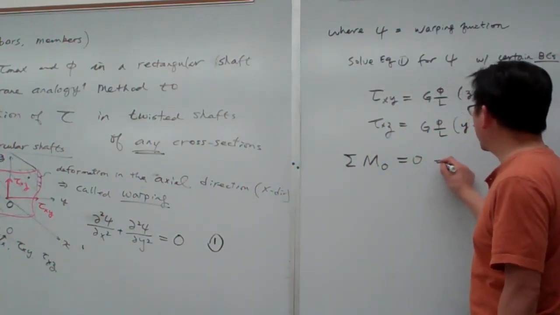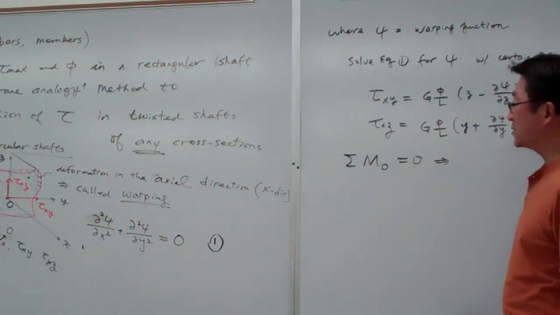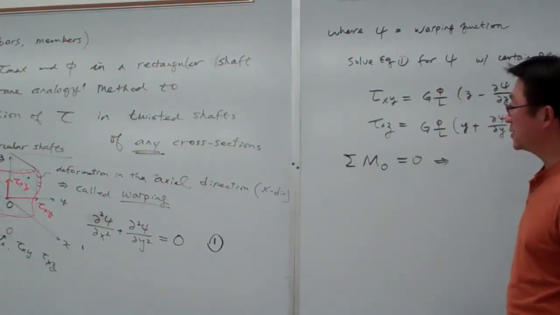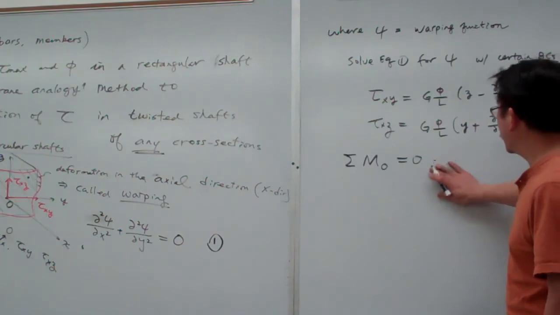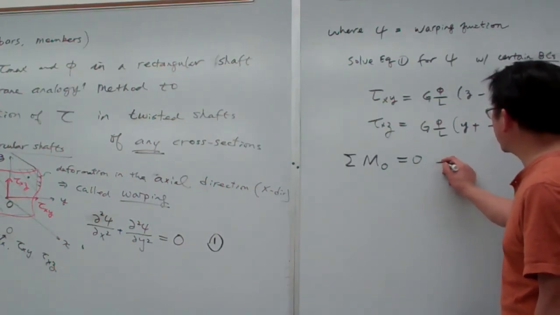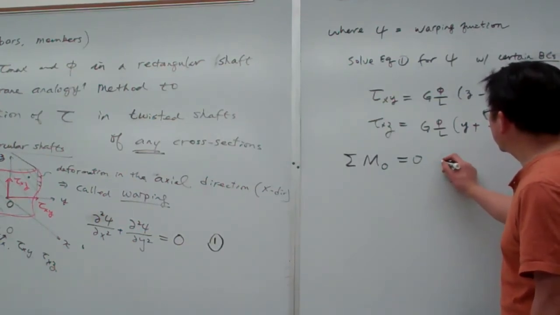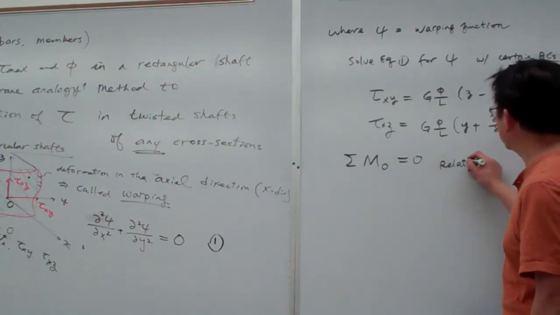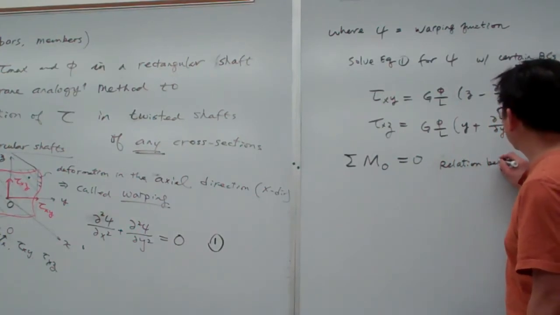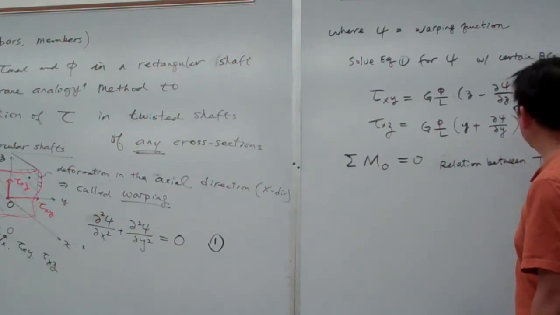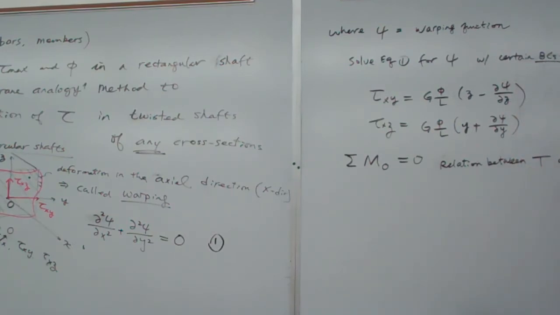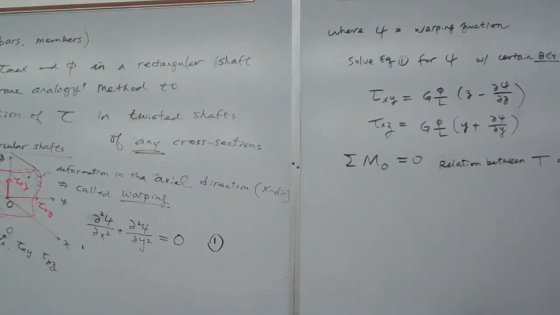Then we'll be able to obtain, because the whole cross section has been twisted by a torsion, the relationship between the torque and the stress. Okay? So that is the whole solution process.